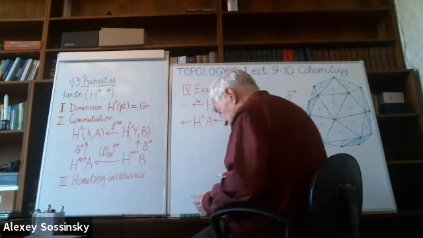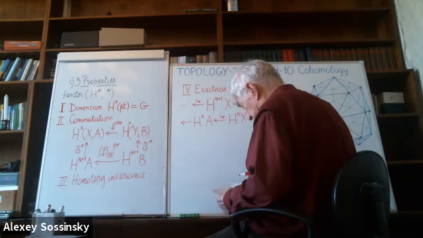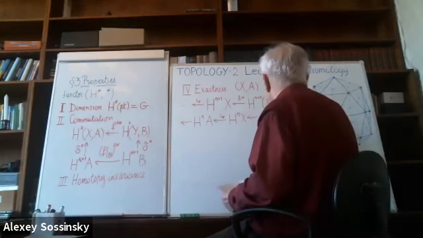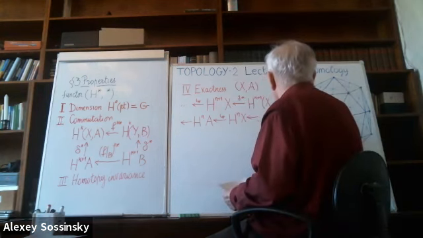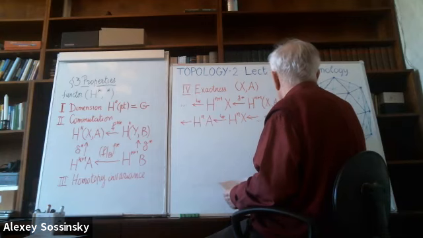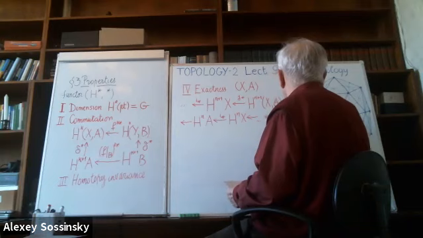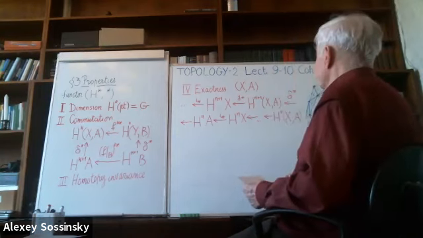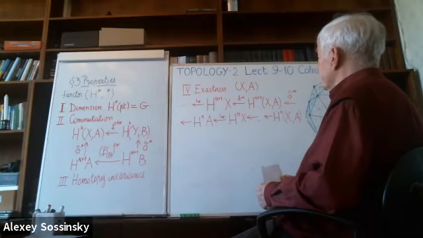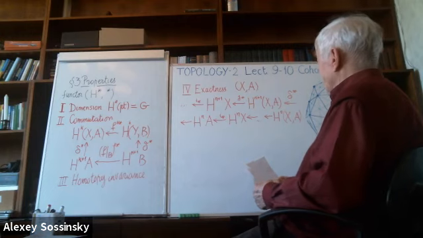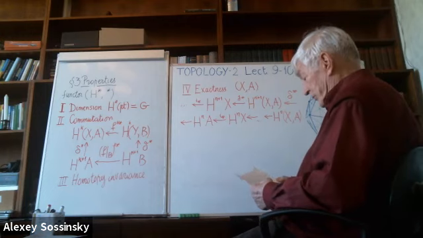And I would like to write it out up to the very end. And at the very end, we have H^0 of the pair. So this sequence is exact. The proof is simple. It's by dualization of the corresponding statement for homology.